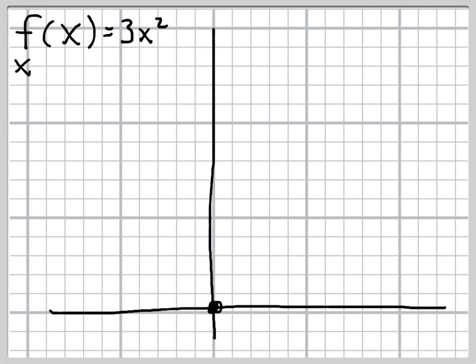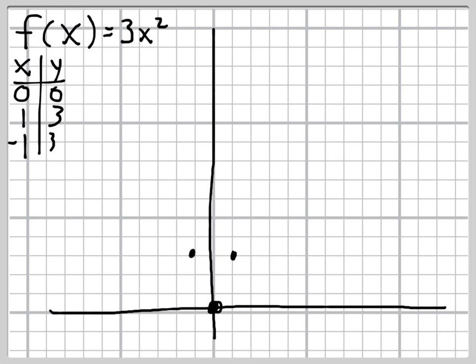But if I'm not sure, I could always do a t-table. I put in 0, I have 0 squared times 3, which is 0. But if I put in 1, I'm going to have 3 times 1 squared, which is 3. So that is up at 1 comma 3. And same thing if I put in negative 1, I'll have 3 times negative 1 quantity squared, which is also 3.